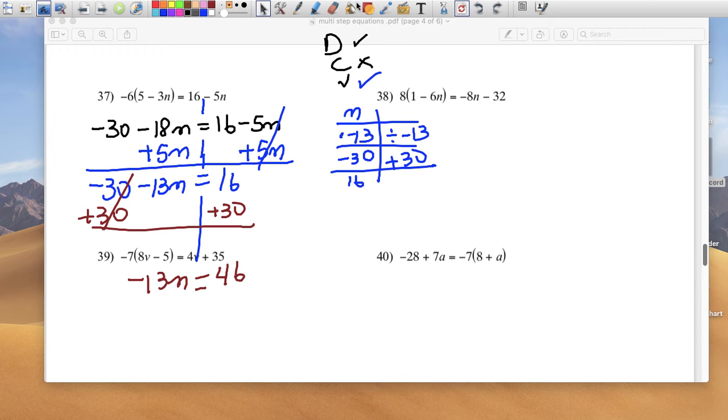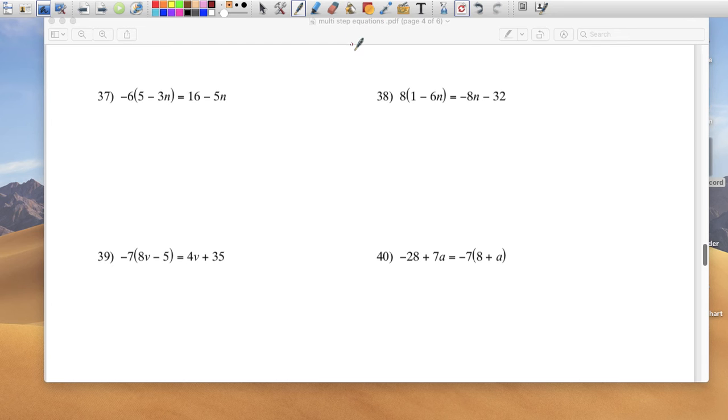My mistake, and I can tell what my mistake is, was here. Just for the record, negative 6 times 5 is negative 30, so that was correct. And negative 6 times negative 3 was positive 18, so all that. So I'll start again. It's the distributive property, negative 30 plus 18n equals 16 minus 5n.